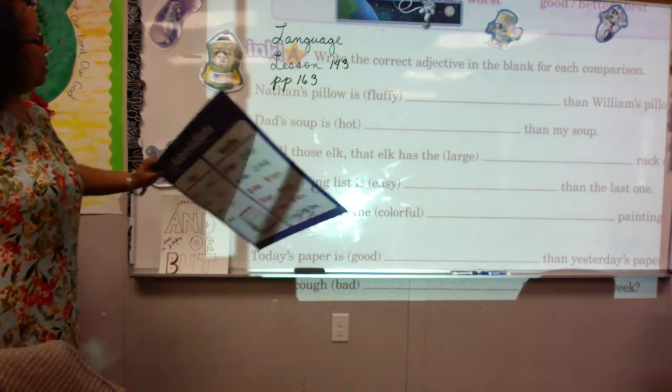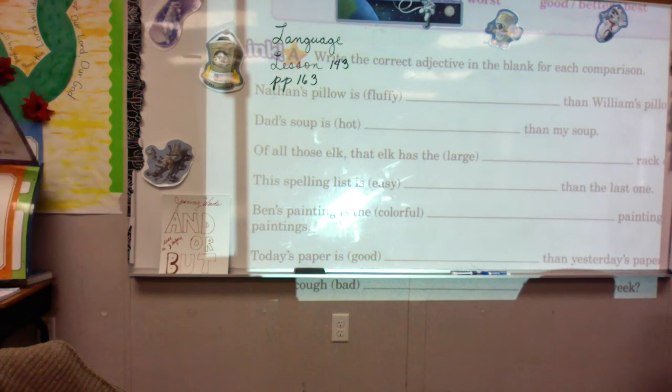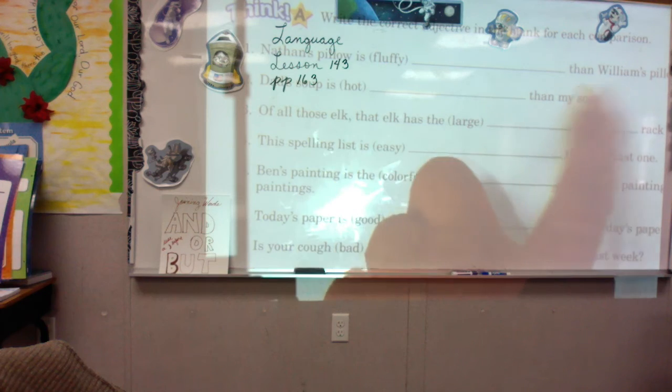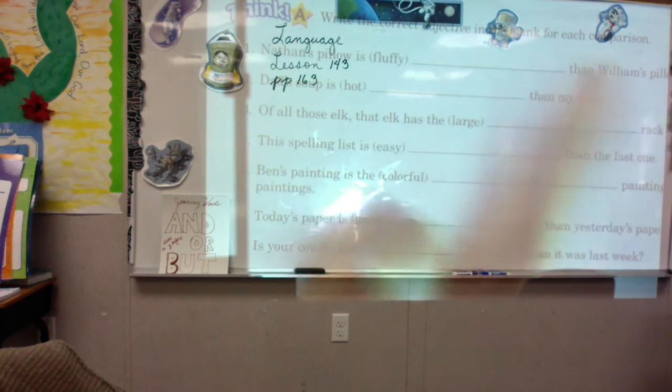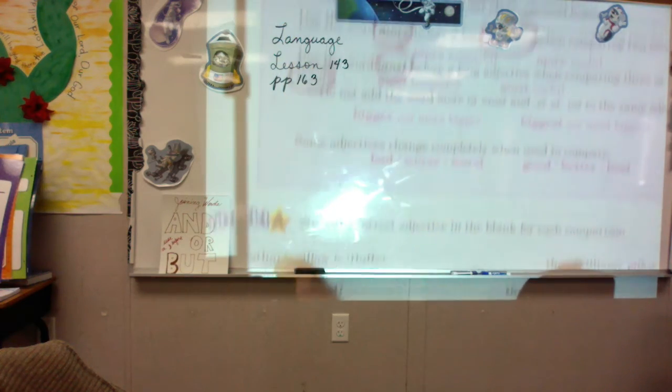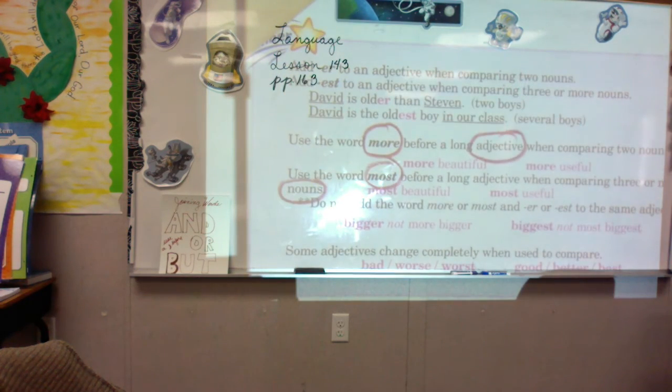Sentence number 1, it says, or instructions. Read. Write the correct adjective in the blank for each comparison. Nathan's pillow is fluffy blank than William's pillow. So how many pillows? I'm comparing two pillows. So I'm going to use ER.